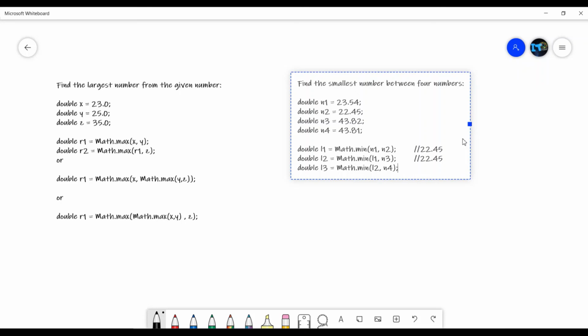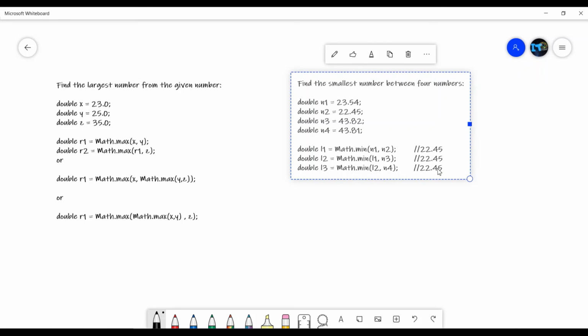Here L2 value is 22.45 and n4 value is 43.81. Then what is the lowest? That is 22.45, so it will return again 22.45. So we got the lowest value between your four numbers, that is your L3 value. The L3 value is 22.45.